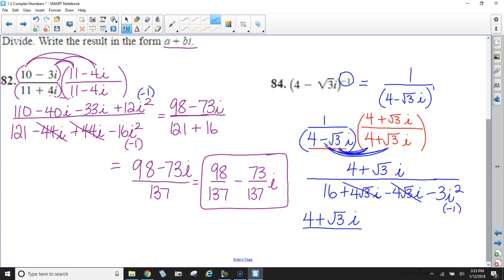And what's going to be plus 3? 16 plus 3 is 19. So our final answer in the form A plus BI is 4 over 19 plus square root of 3 over 19i.